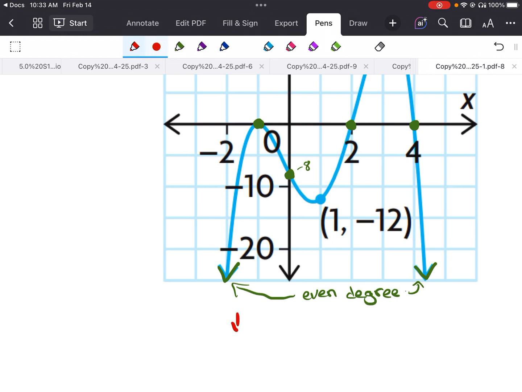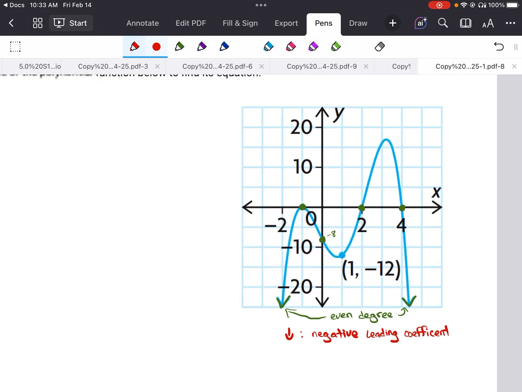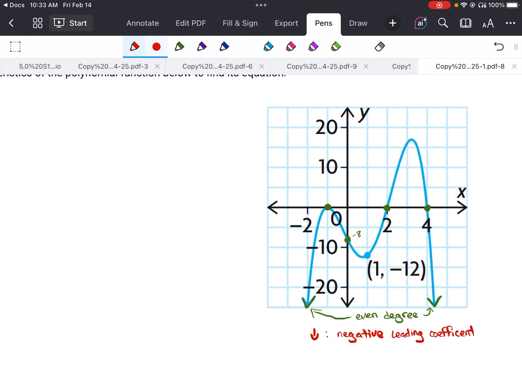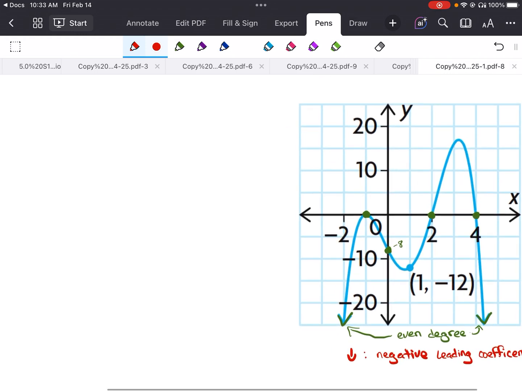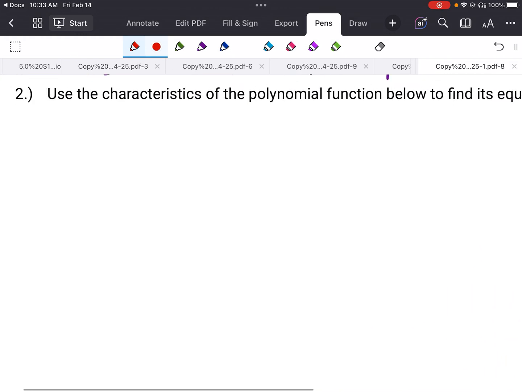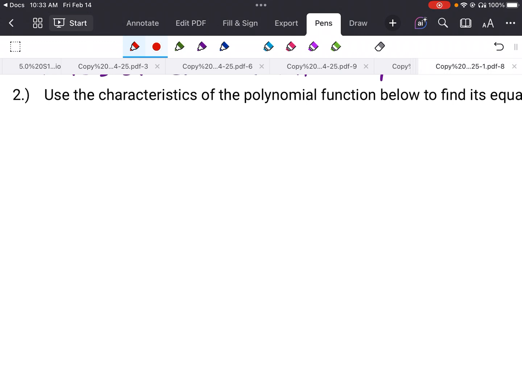And they're down, which means it's a negative leading coefficient. All that would come into play when we find the equation algebraically, but it's good to understand what all of this means.